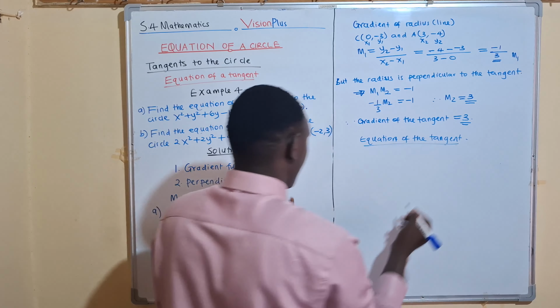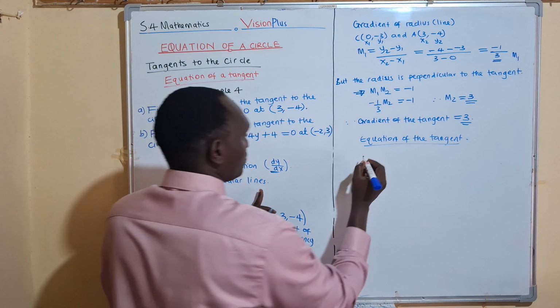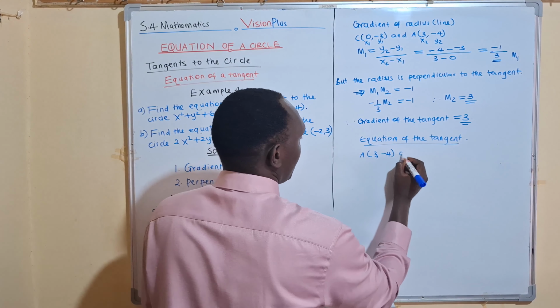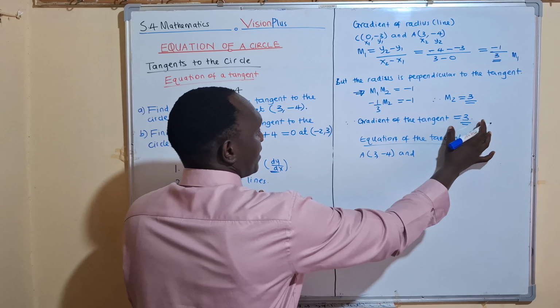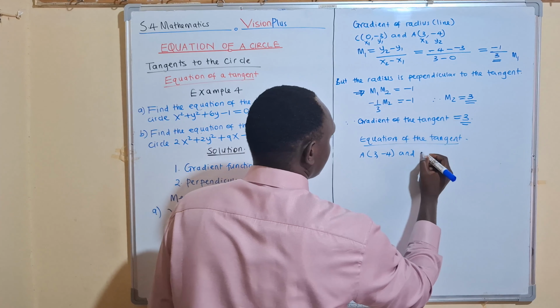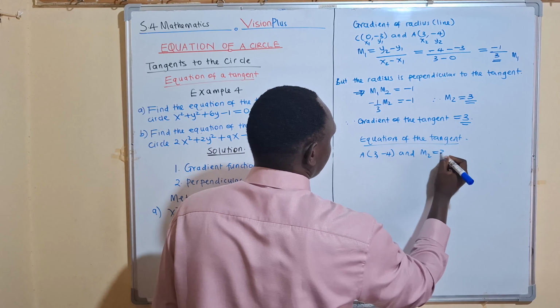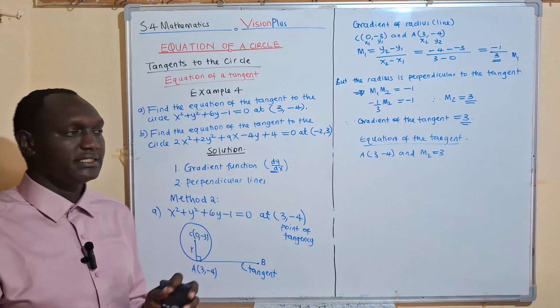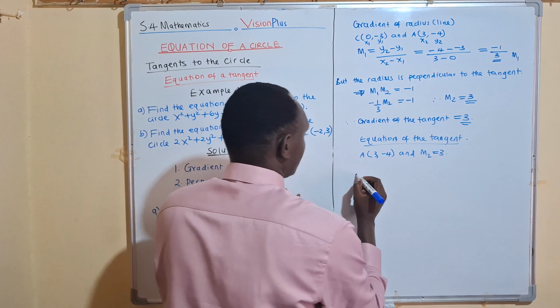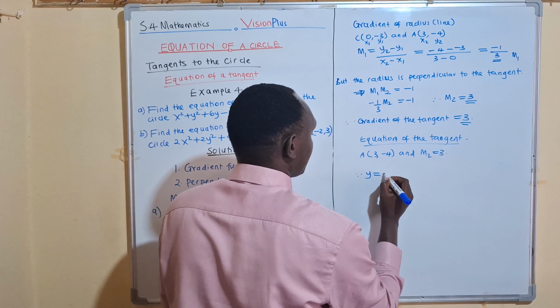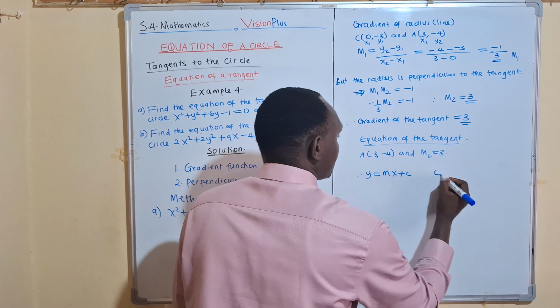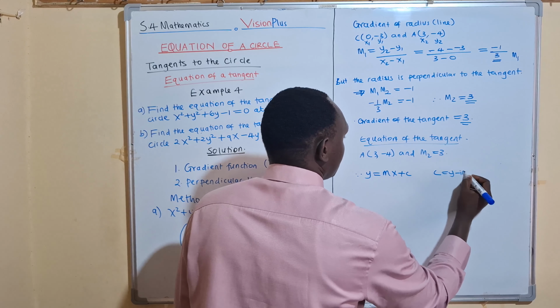How? We have the point of tangency, which is common to both, that is point A, (3, -4), and then we have the gradient of the tangent, which is in this case m2 is 3. So we apply the equation of a straight line. The tangent is a straight line. So therefore, y equals mx plus c, where c is the y-intercept.